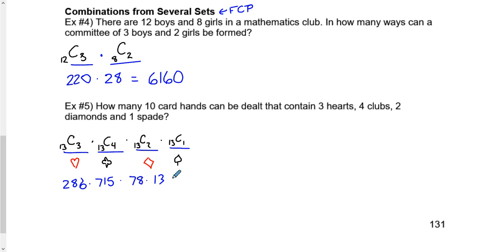So 286 times 715 times 78 times 13 is 207,352,860. That's how many 10-card hands are possible from a standard 52-card playing deck.